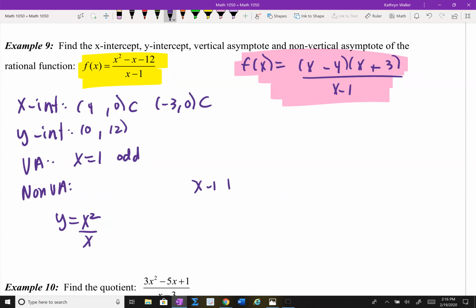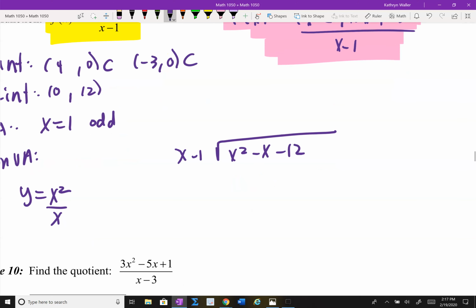x minus 1 divided into, inside of there, should I put x minus 4 times x minus 3 or x plus 3? Of course not, right? It's the multiplied out version. Am I missing anything? Do I need placeholders? No. What do I multiply by x to get x squared? That would be an x. Distribute x squared minus x.